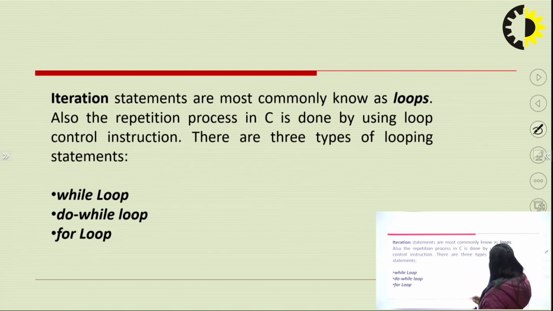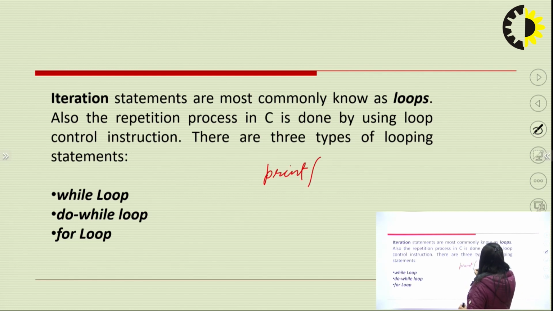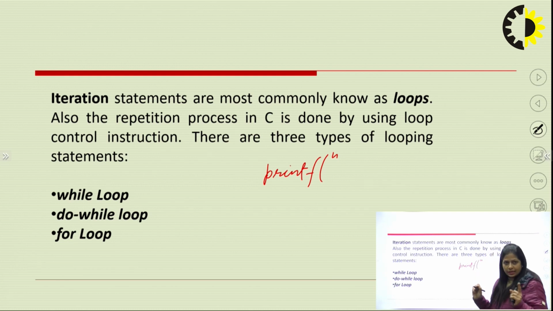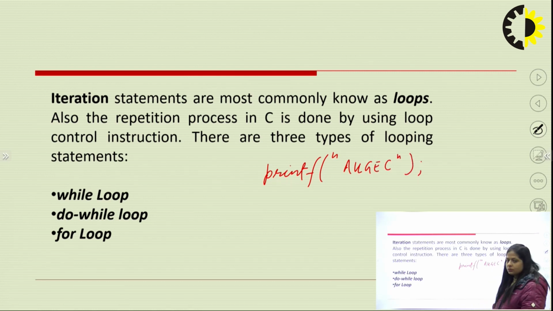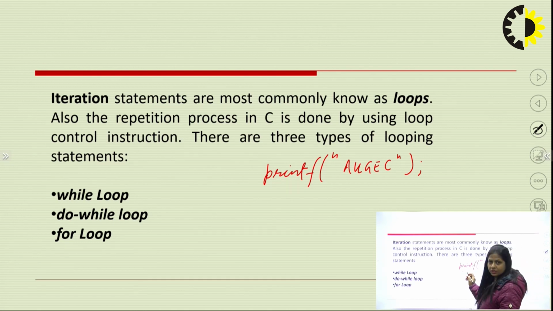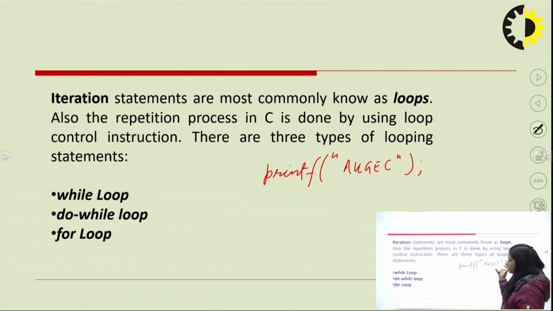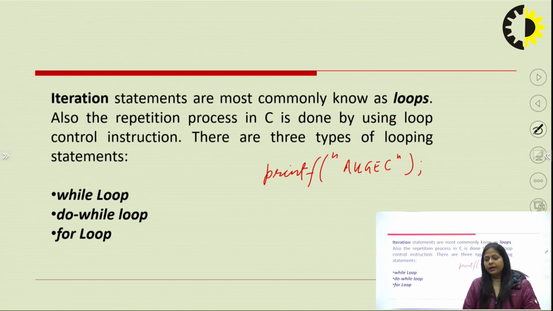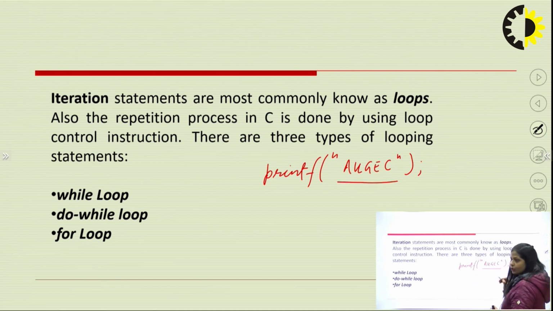For example, suppose I ask you to display AKGEC one time on your screen. In the C programming language, we use the printf statement to display. So I'll write AKGEC within double quotes and execute it, and the output simply will be AKGEC.